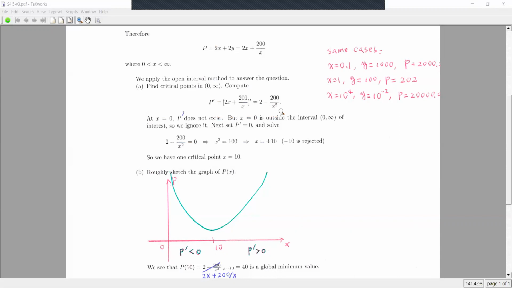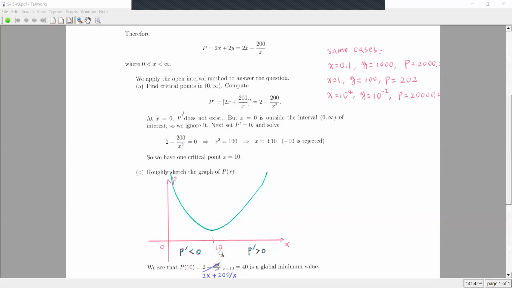Then you will see that the derivative is negative. Therefore, between 0 and 10, the derivative is negative. The graph of P is decreasing by the decreasing test. Derivative negative, graph is decreasing.